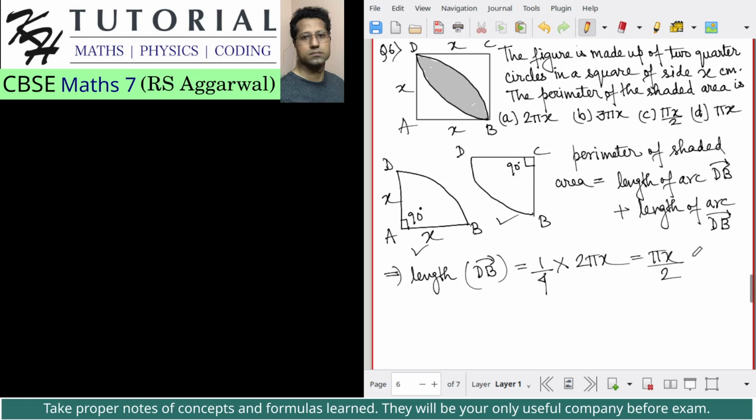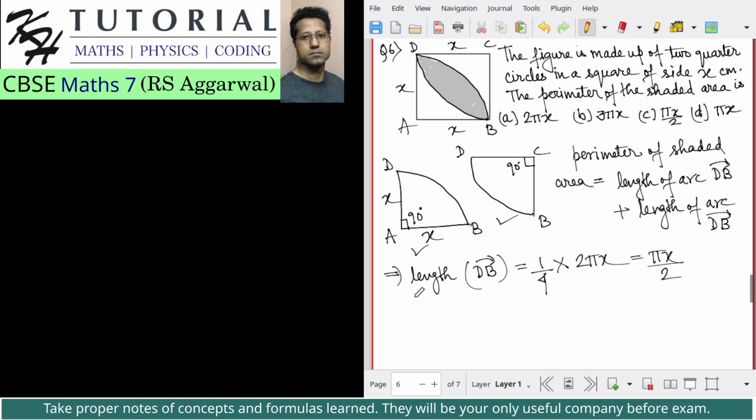So the length of the arc DB, which is the part of the quadrant ADB. And what is a quadrant? Quadrant is also a quarter of a circle, that is a sector having a central angle of 90 degree. So in that case, the length of the arc is nothing but 1/4 the circumference of the circle.